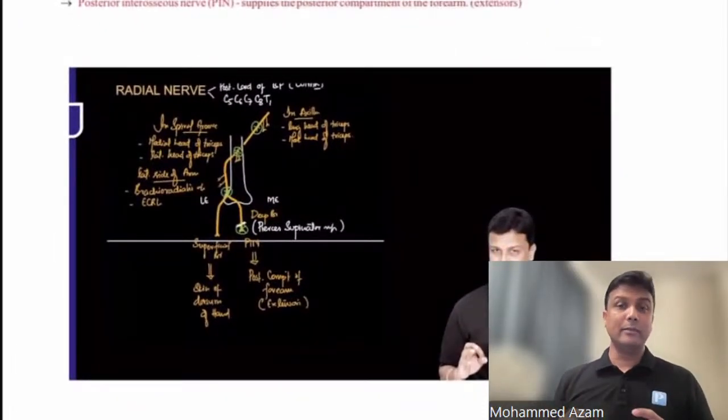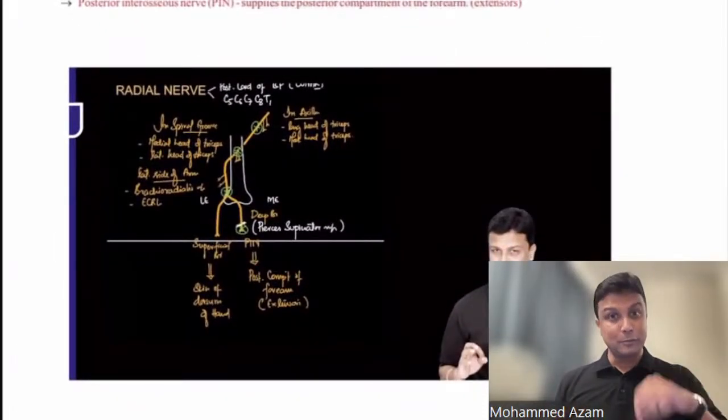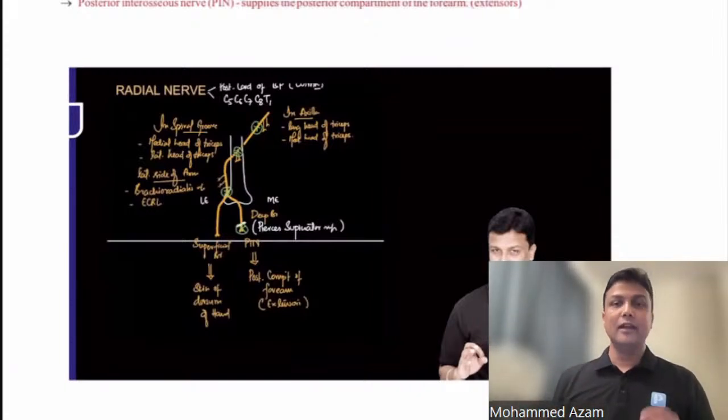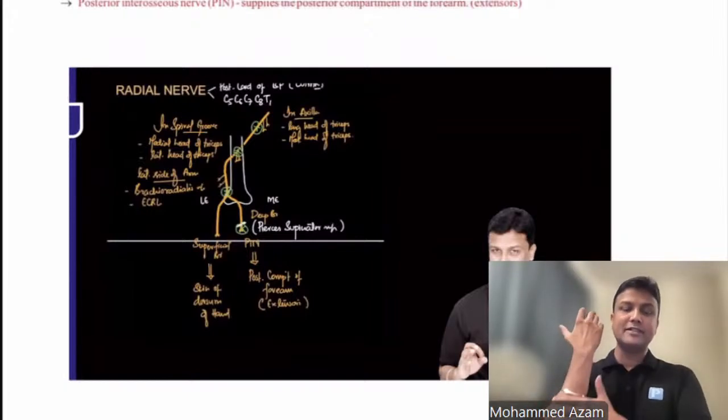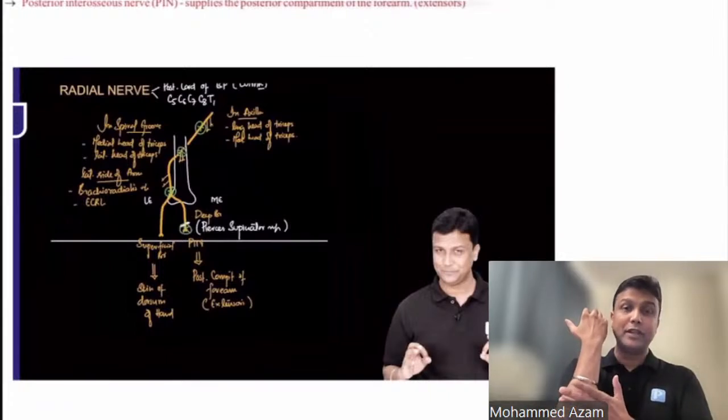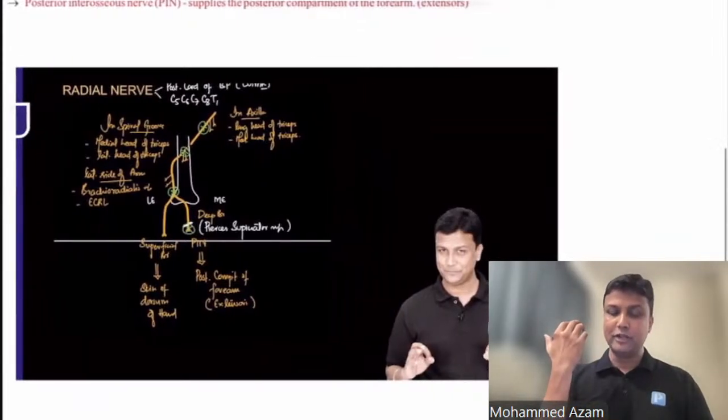Remember, the deep branch is the one which pierces the supinator muscle and goes behind the forearm, and that continues as the posterior interosseous nerve. The posterior interosseous nerve mainly supplies the extensors present in the posterior compartment of the forearm.